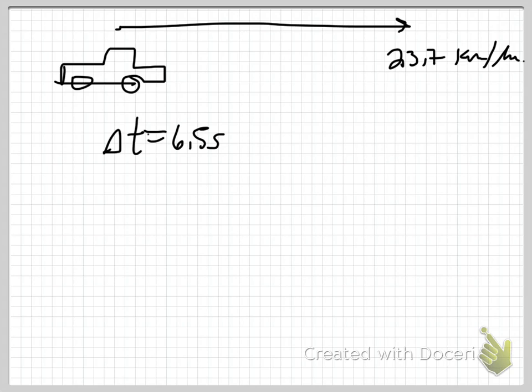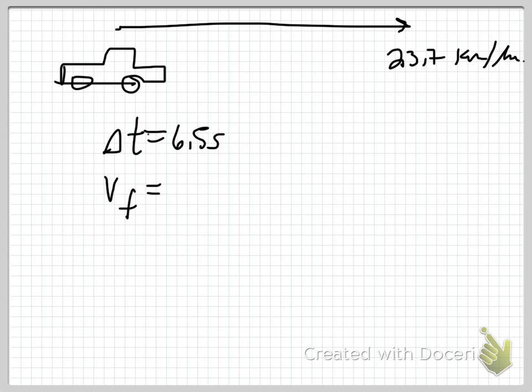What other information are we given? Acceleration? Are we? We're given speed. What speed? Is that an average velocity? Is it an initial velocity? Is it a final velocity? Final. It's a final velocity. This is a VF. So we have a VF of, well, what is the VF?